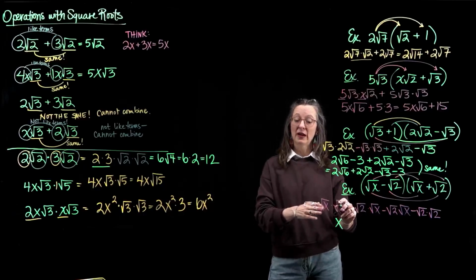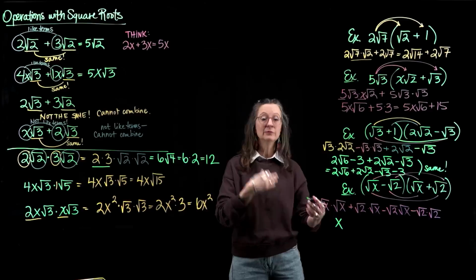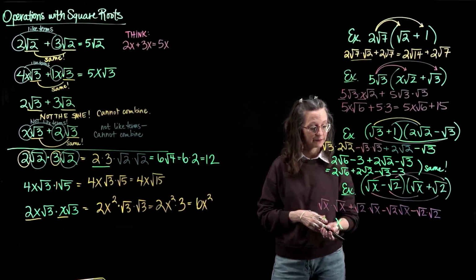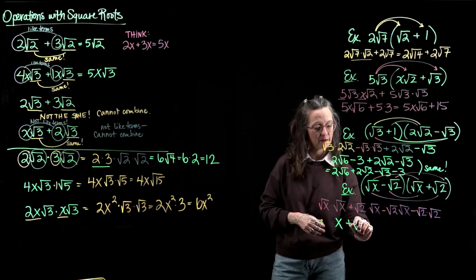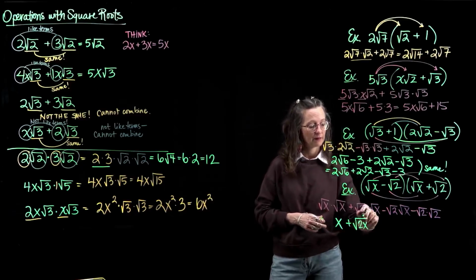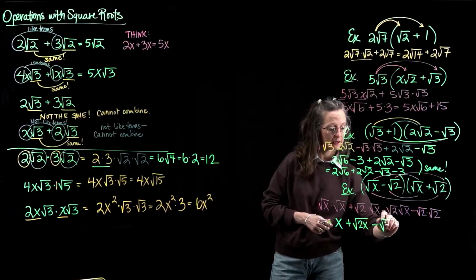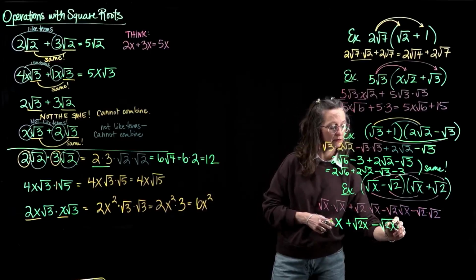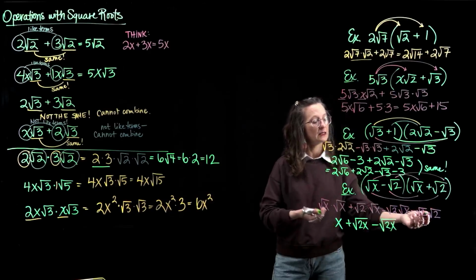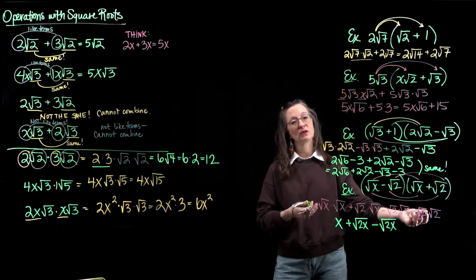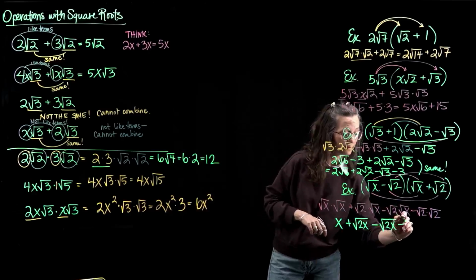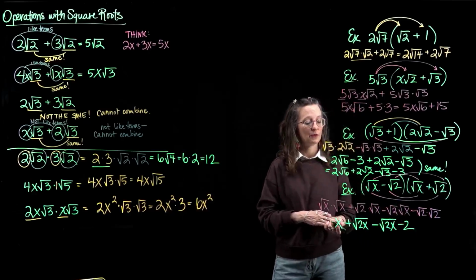We could also think of that as square root of x squared, which is x. Then we would have plus the square root of 2x, then minus the square root of 2x, and then minus square root of 2 times square root of 2, square root of 4, which is just minus 2.